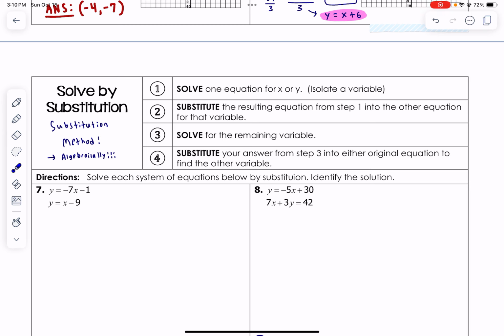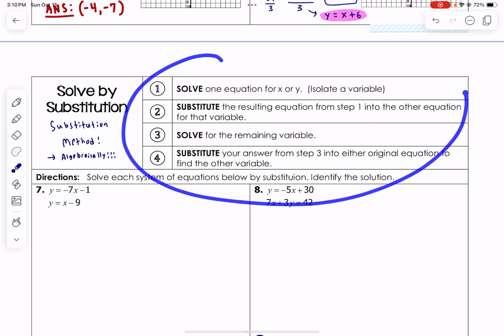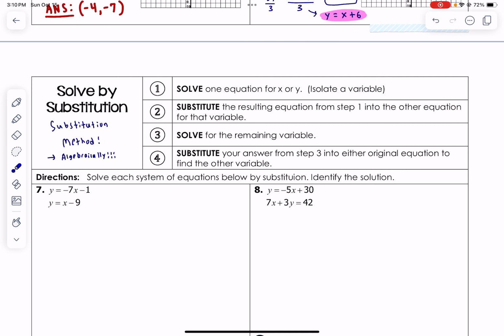So the idea here, if we look at the steps they give us, 1 through 4, remember, in these cases, we're focusing on two linear equations. They don't have to be different, but two linear equations. The first step tells us to solve one equation for x or y and isolate the variable.